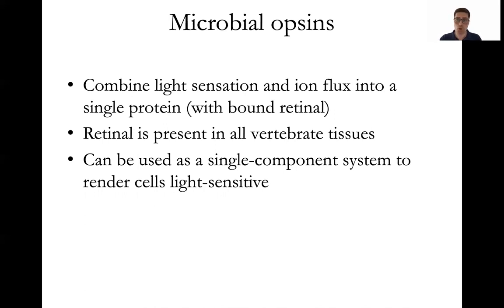So this strategy works particularly well because it can be used as a single component system to render cells light sensitive. All you need to do is express this one protein and you get the light sensation and the ion flux at once. You don't need to present any other cofactors or make the animal eat some sort of funny vitamin to make it work. It just works naturally with this one protein inserted into nearly any membrane.